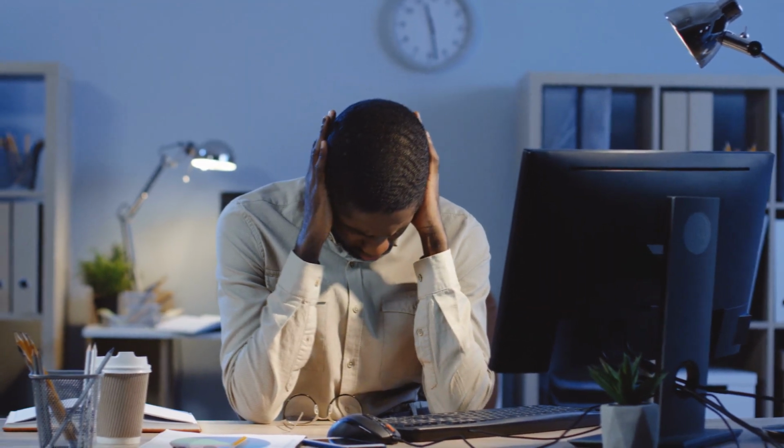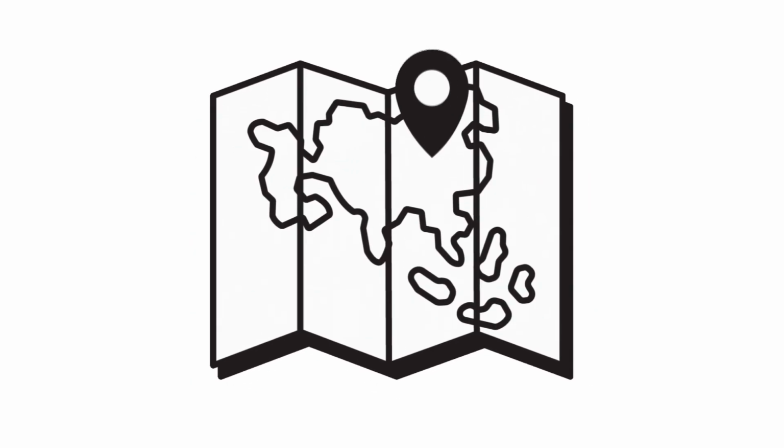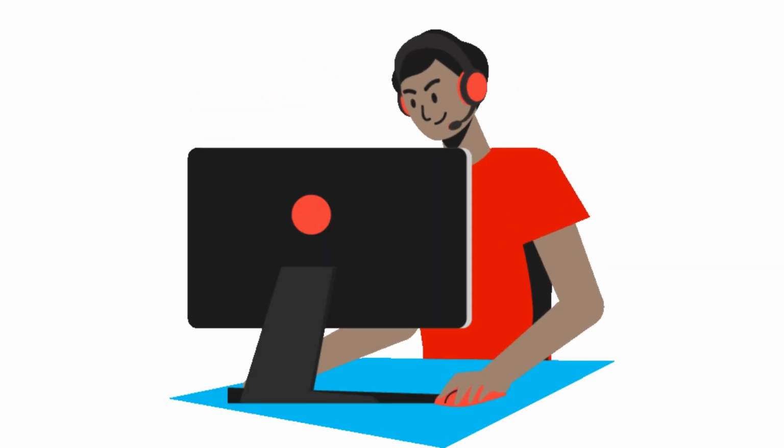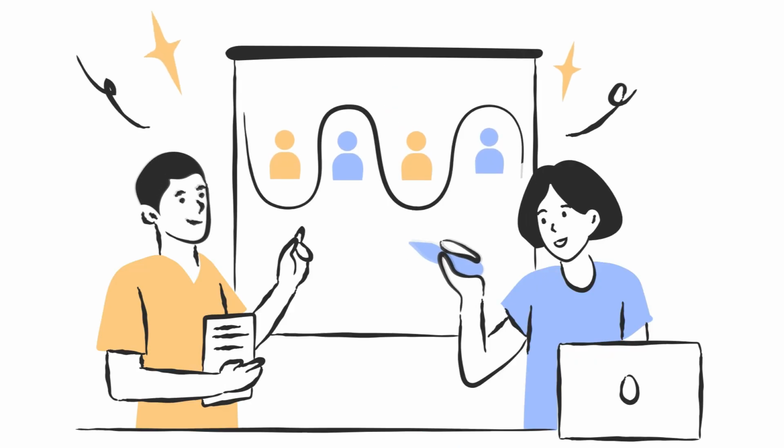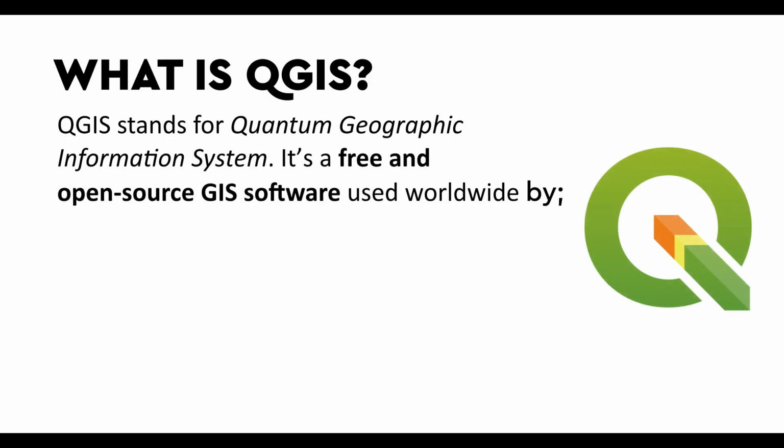Before you think QGIS is some scary software used only by engineers in reflective jackets, relax. Today, I'm about to show you how this free tool can turn you into a mapping pro. QGIS stands for Quantum Geographic Information System.